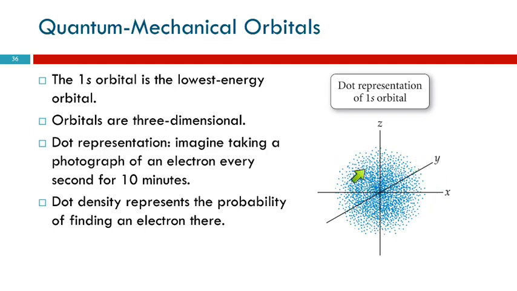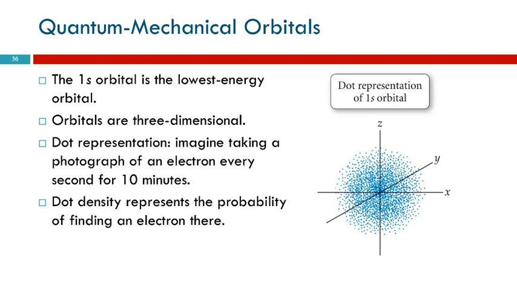If you take enough pictures over a period of time, you're going to see that most of the time the electron is around in here. And towards the outside of this, less frequently, and we're not really seeing the electron out here much at all.